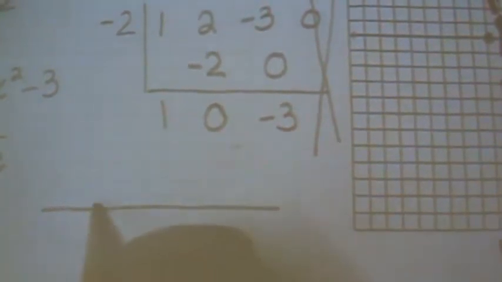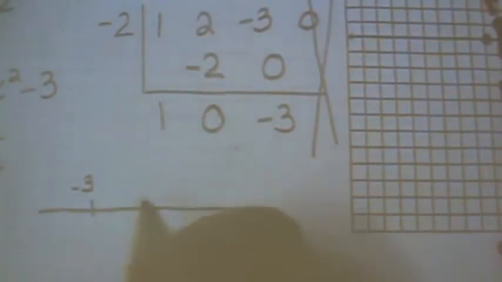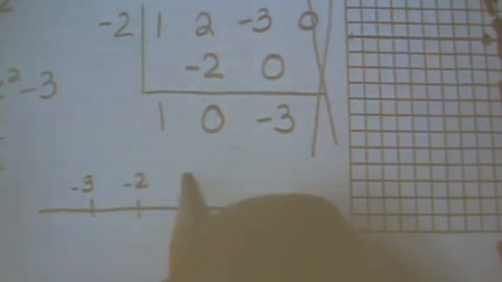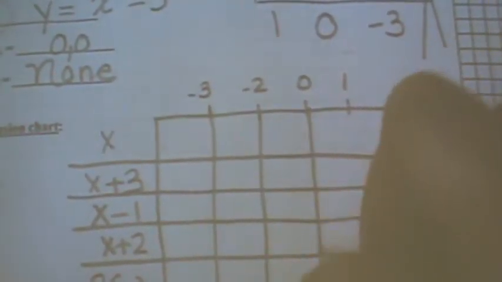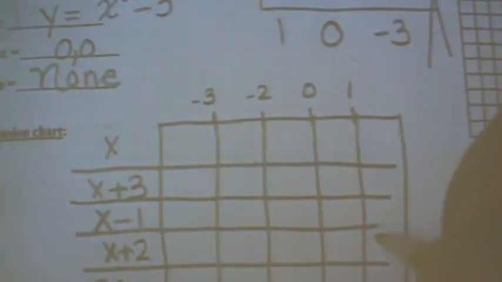Now, exclusion chart, help me out. What are my critical values once again? So what do we have here?